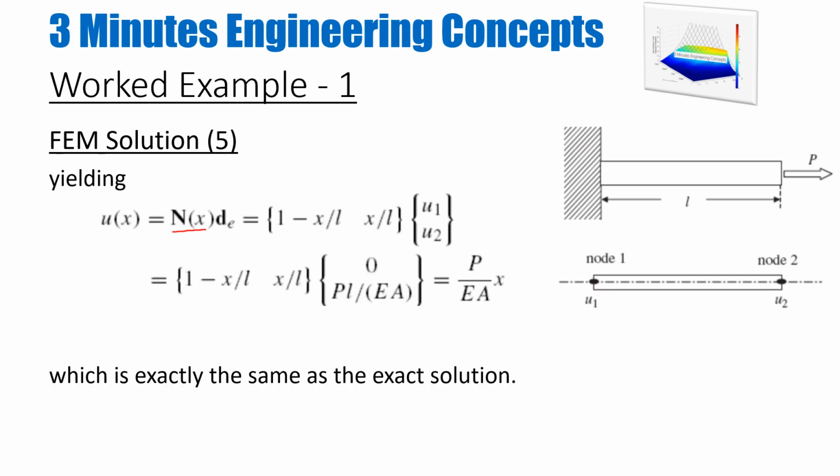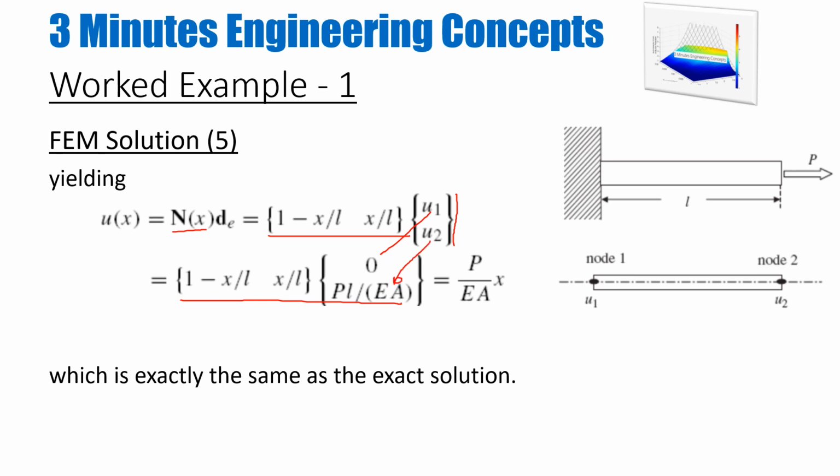You remember my shape functions are given by this vector here, and my displacements are only two nodes, so two displacement values. I replace the U1 and U2 with the values we computed a couple of slides back.